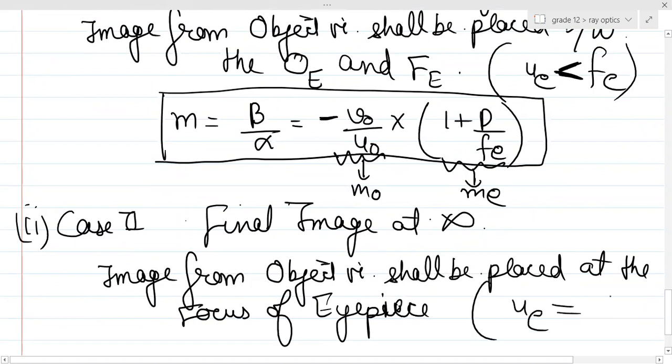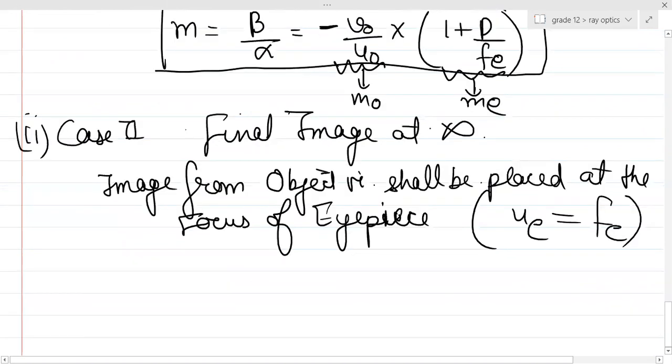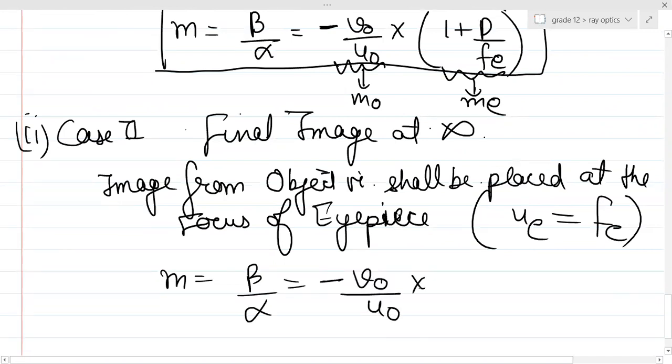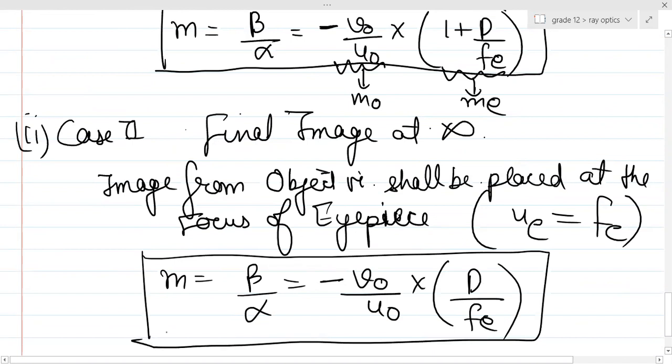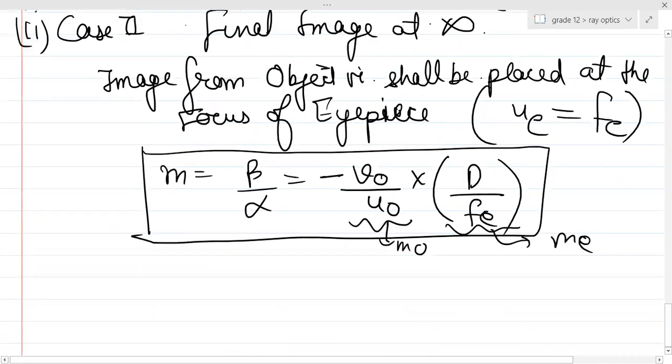Basically the object distance from the eyepiece should be equal to f. Understood, guys? So here the magnification will be beta by alpha, equal to minus of v naught by u naught multiplied by d upon f. There won't be this 1 plus thingy. This is the magnification of the objective and this is the magnification of the eyepiece. Write this much.